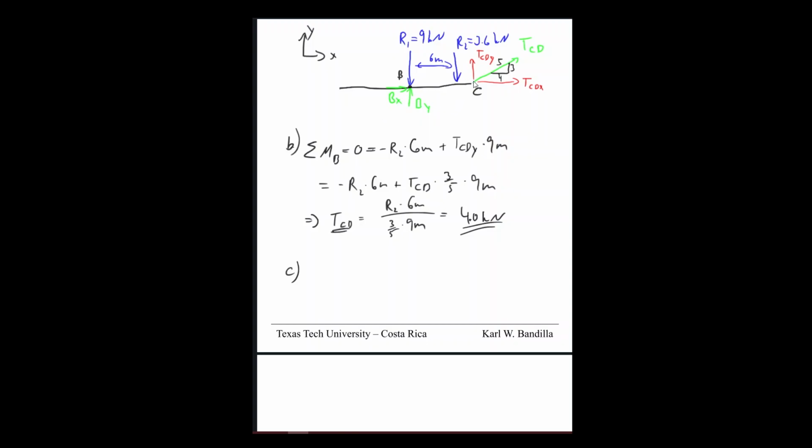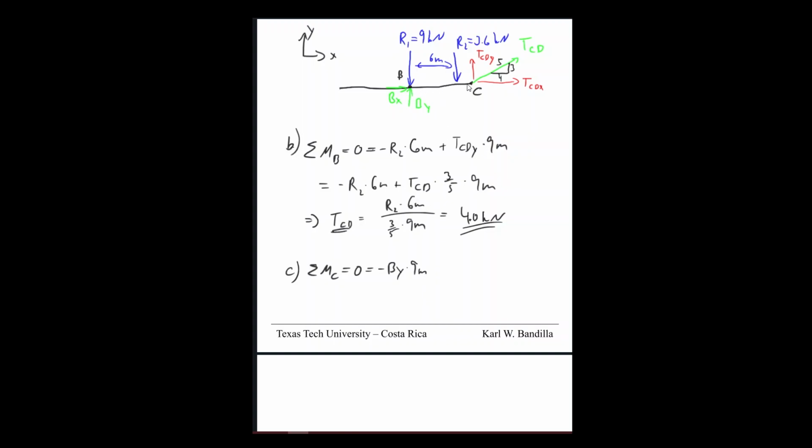Let's do the moment around C, so we don't have to worry about what TCD is. Sum of moments around C is equal to 0. Well, what do we get? We get BY, which we're looking for. That is going clockwise, so minus BY times that whole bar was, or that half of the bar was 9 meters.